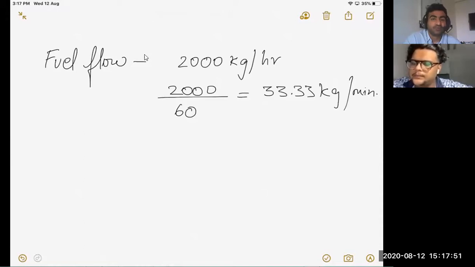Fuel consumption is different from fuel flow. We are talking about fuel flow: how much fuel is flowing at the given point in time? This is the rate. So every minute there is a fuel flow of 33.33 kilograms. Remember, this is one conversion.